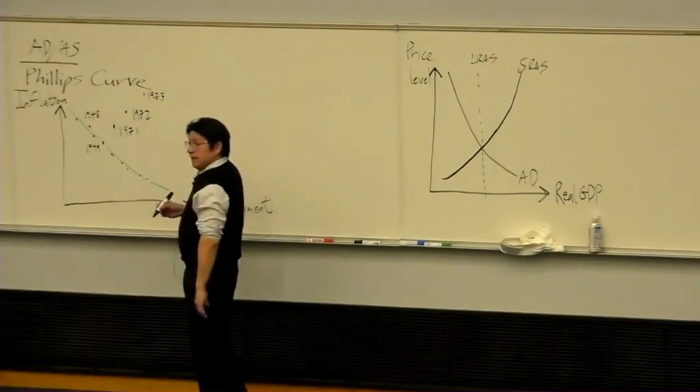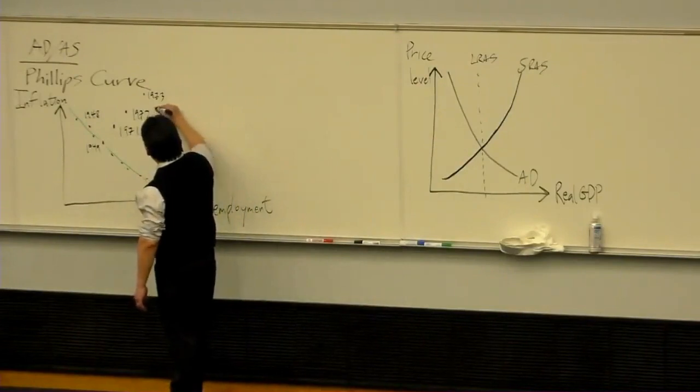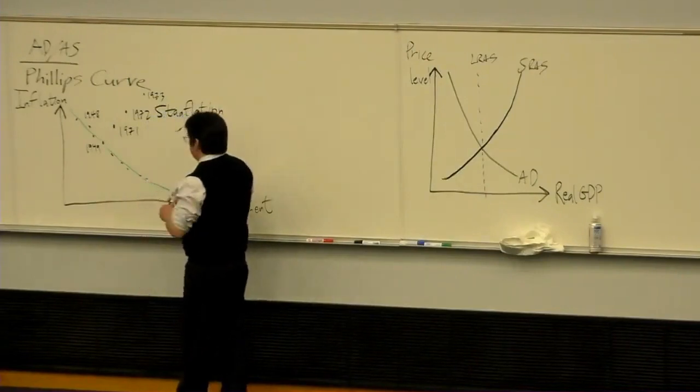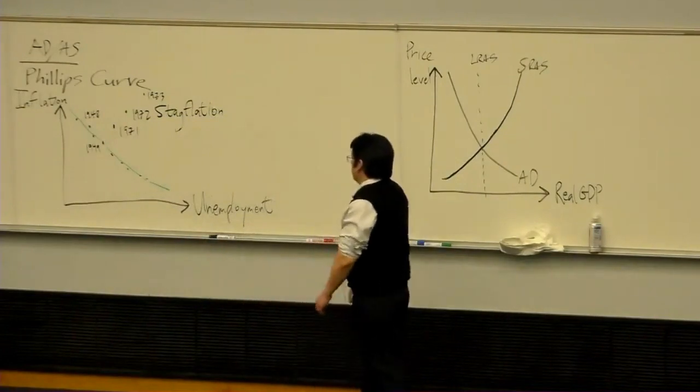A situation like that, where you experience high inflation and high unemployment, is referred to as stagflation, a combination of stagnation and inflation, because economists are such poets.